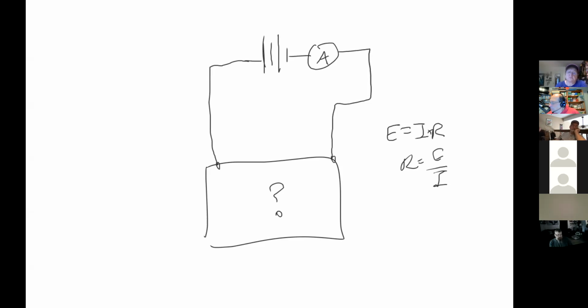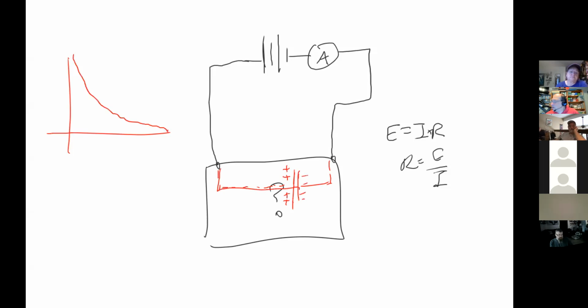Well, what's actually happening inside this mystery box is that we have a big capacitor. As the capacitor charges up, it can no longer take any more charge, and then we have no more current flow. So over a period of time, we see something that looks like this.